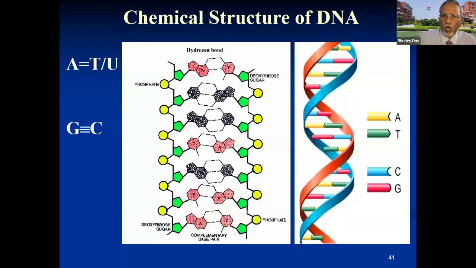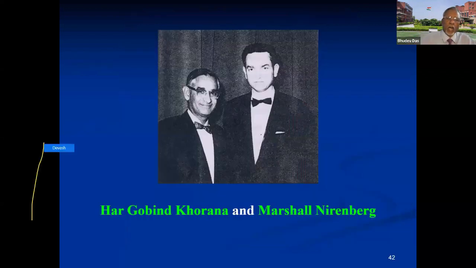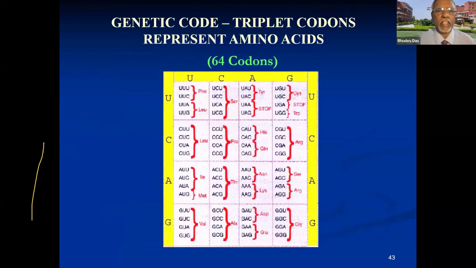Chemical structure, you know, ATGC, and the DNA structure and the deoxyribose sugar. This is already dealt with. But Hargobind Khorana, whose chair, along with Maulana Azad's, I hold in Amity, so that's why I need to show his picture. He is our proud Indian who got the Nobel Prize along with Marshall Nirenberg for the discovery of the genetic code.